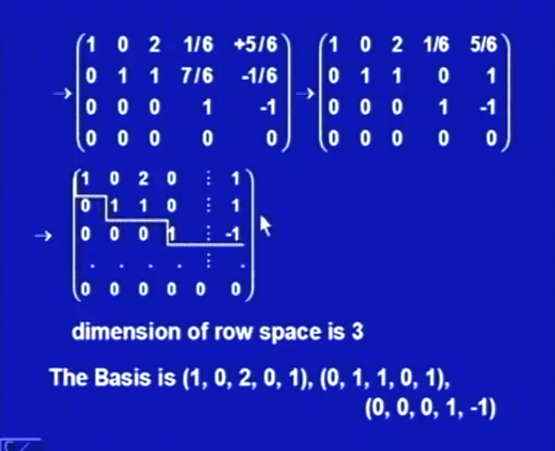Then the vector 0 1 1 0 1 also constitutes the basis, and the third vector will be 0 0 0 1 and -1. So, the given matrix A will generate a row space, and the basis for the row space is determined as this. These are 3 vectors which are linearly independent and they generate the row space.